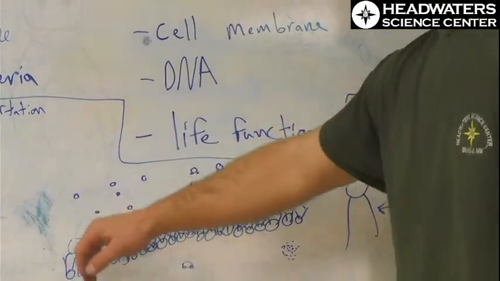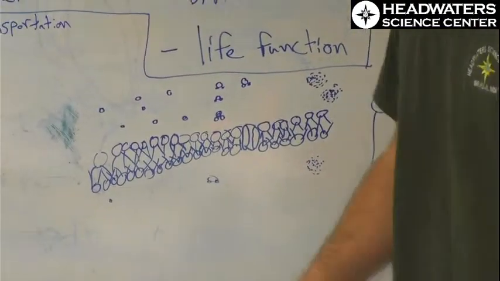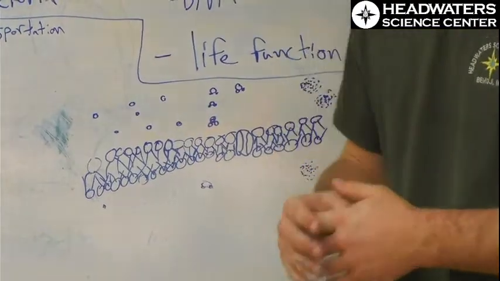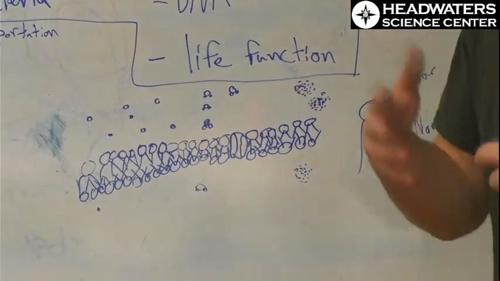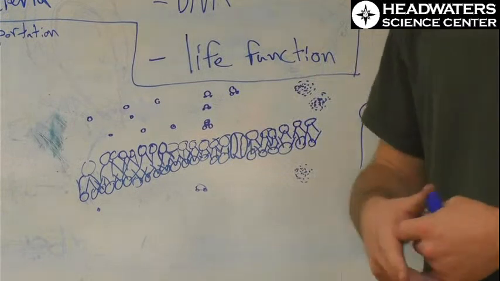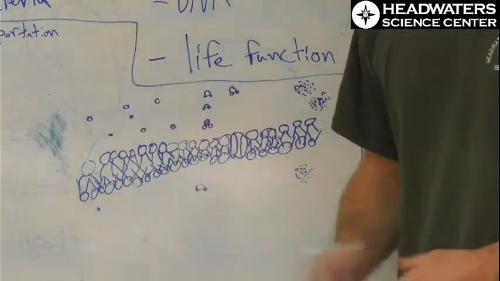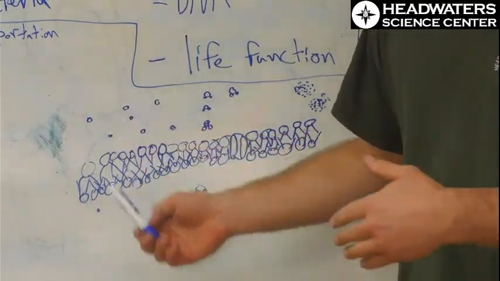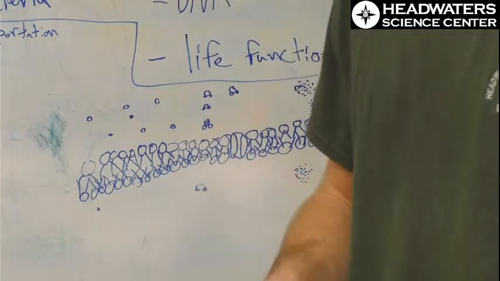And they're different sizes. So diffusion is just moving across the cell membrane without any specific spot. That's where you get your oxygen, your carbon dioxide. Those are just straight up diffusion. They're just passing right through the membrane from high concentration to low concentration.